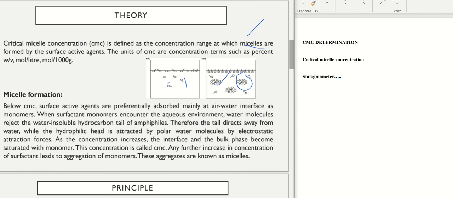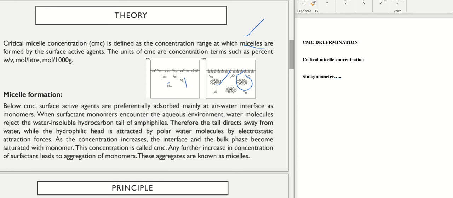And if the phase in which the micelle forms is hydrophilic in nature, this hydrophilic head of the surfactant tends to get closer with the aqueous surface.